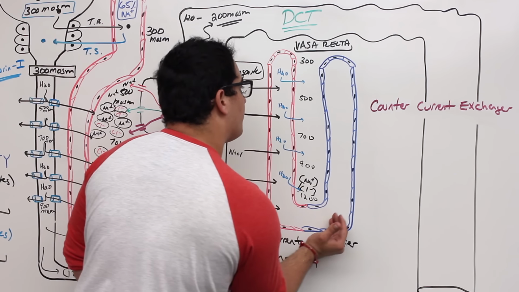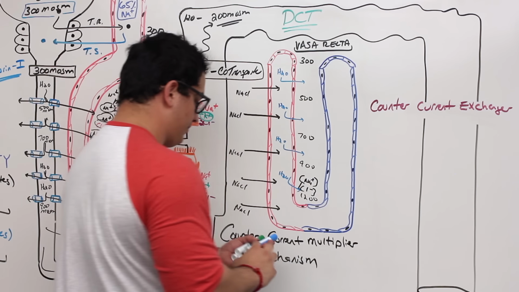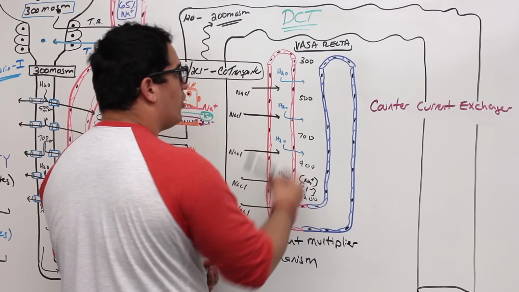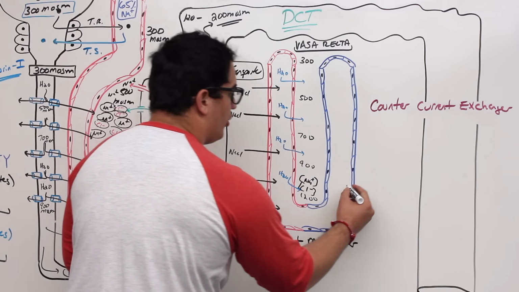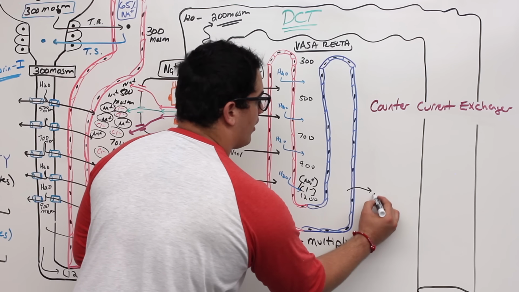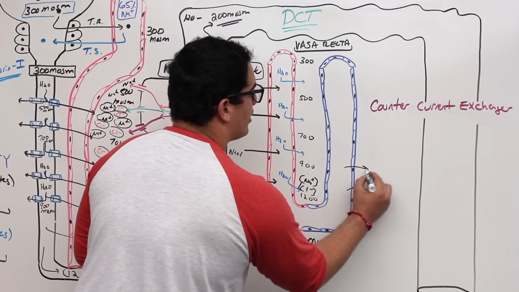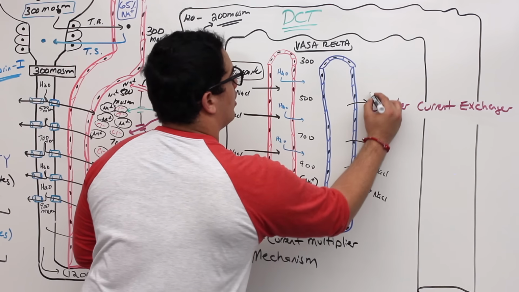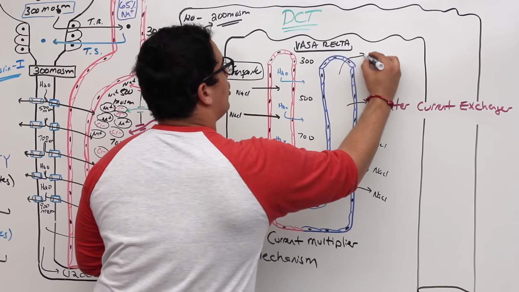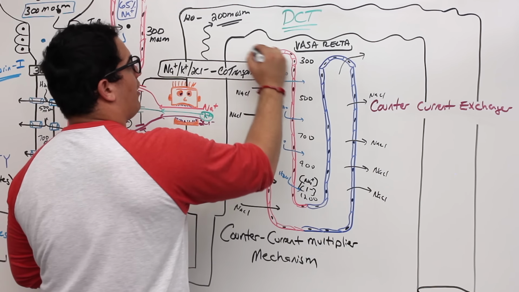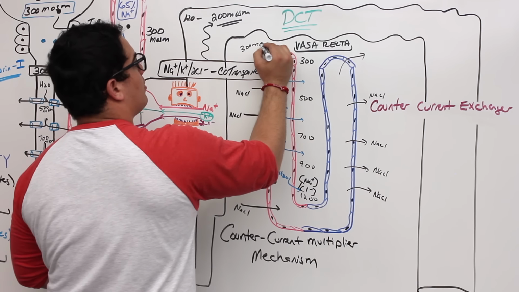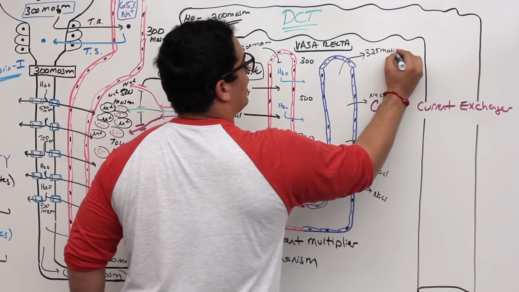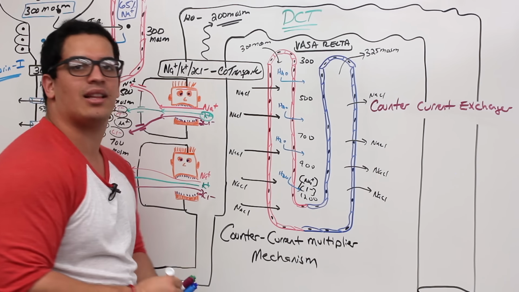It makes this turn, and it comes back up. Now, as the plasma osmolarity starts decreasing, what are you going to want to do then? You're going to want to get rid of the sodium chloride. So now you're going to start pushing that sodium chloride out. And when it leaves, so it's about 300 milliosmoles going in, it's approximately about 325 milliosmoles leaving, almost exactly equal.